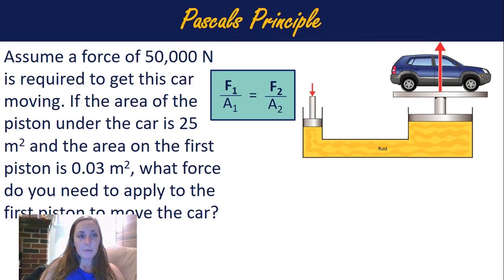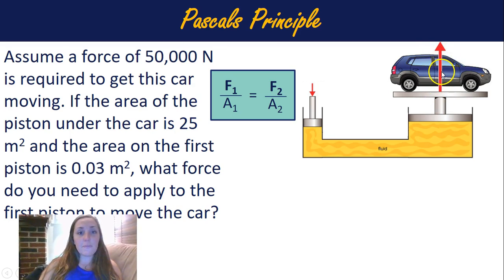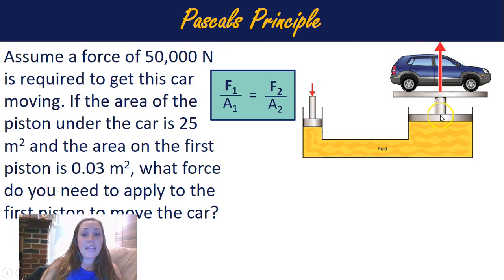Let's work out a practice problem. So let's assume that a force of 50,000 newtons is required to get this car moving. So we need this outwards force to be 50,000 newtons. If the area under the piston of the car is 25 meters squared, and the area under the first piston over here is 0.03 meters squared, what force do you need to apply to the first piston?